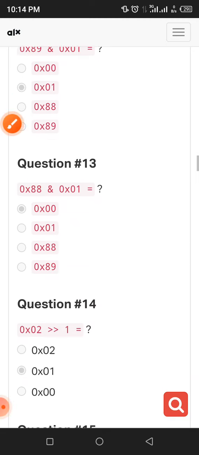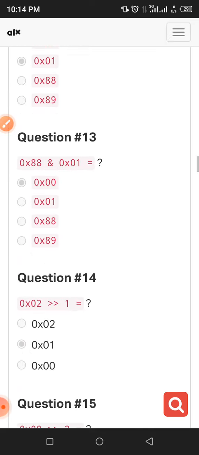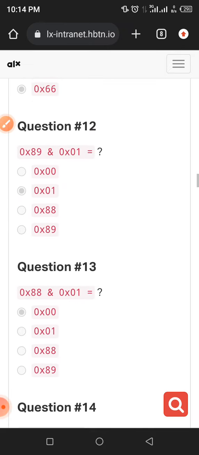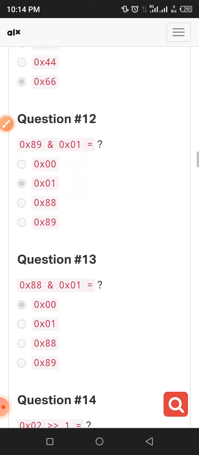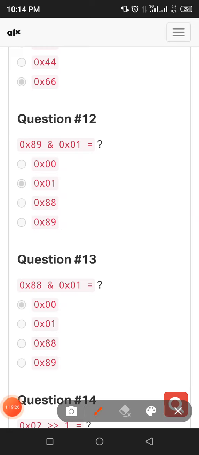Question number 12, we have 8, 9 and 0, 1. So 0, 1 is going to be 0, 0, 0, 0. That's for the 0 family.